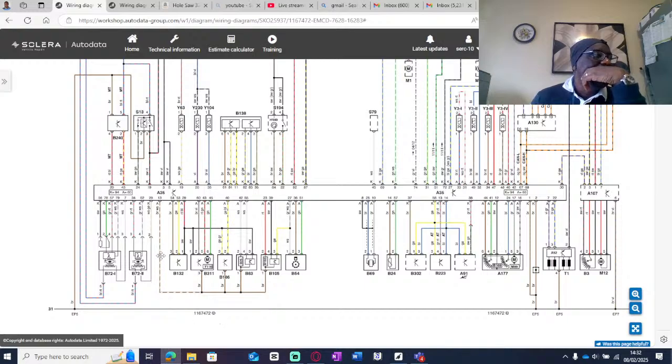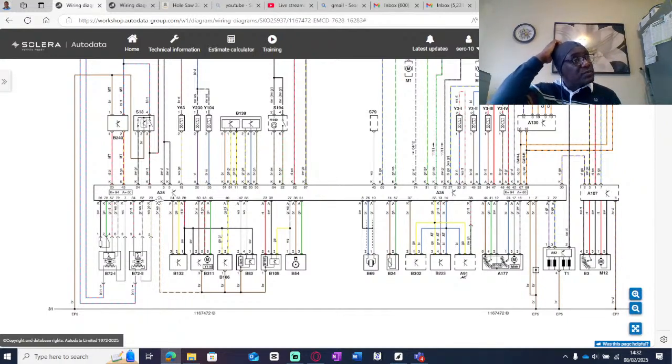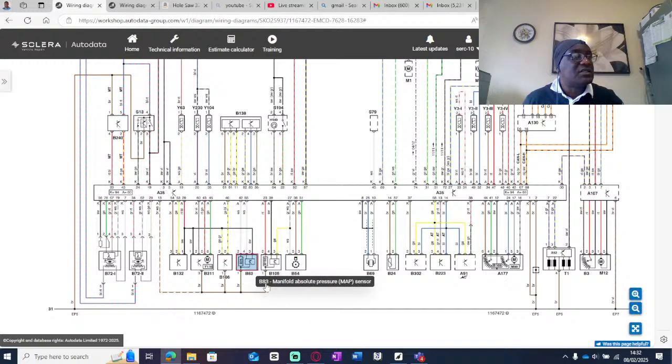I want to believe that that one there is a switched ground from the ECU. That could be a switched ground from the ECU going to that sensor, to this sensor, to that sensor.